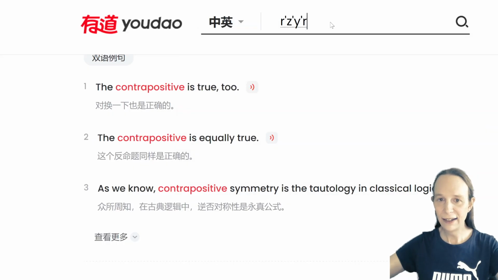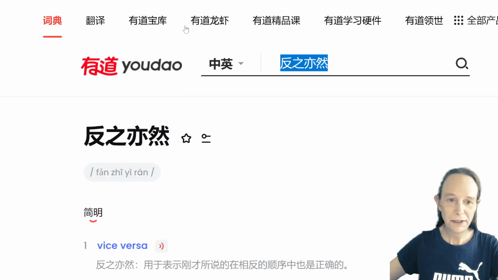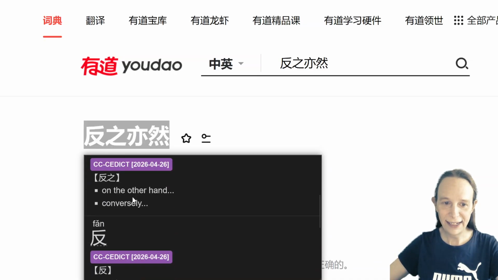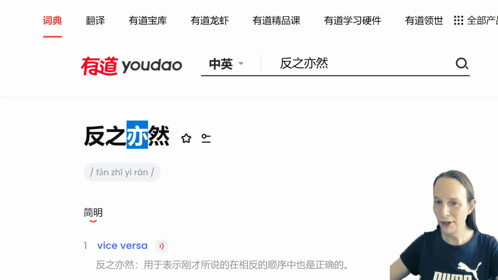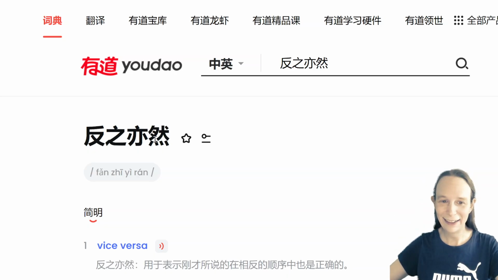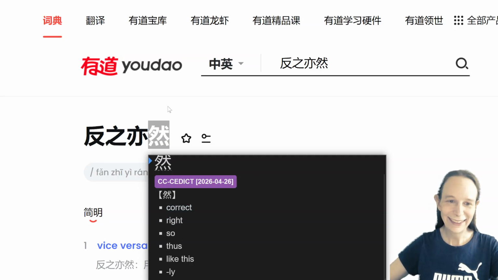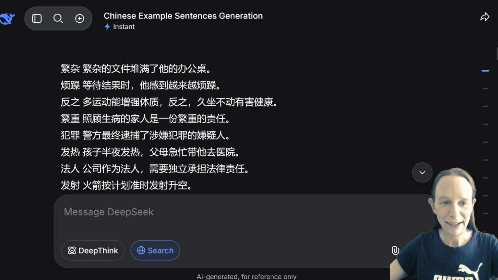So here 反之 is a noun meaning the converse. And 然 sometimes is like true, but thus. Correct, right? 反之亦然. All right.